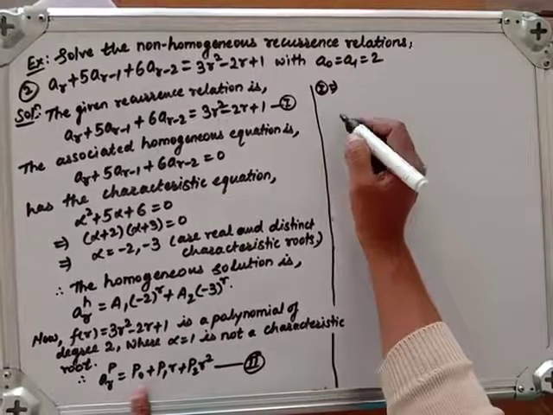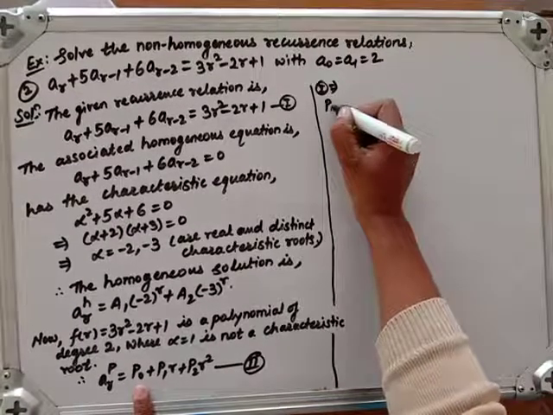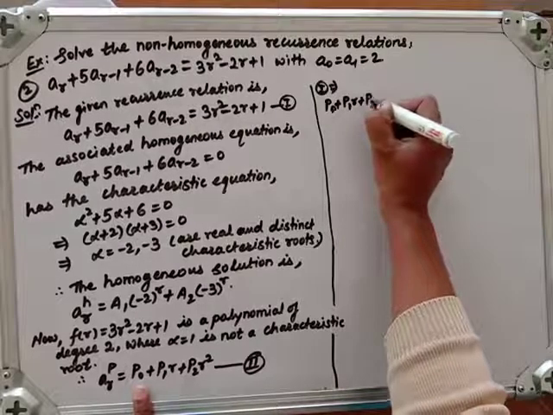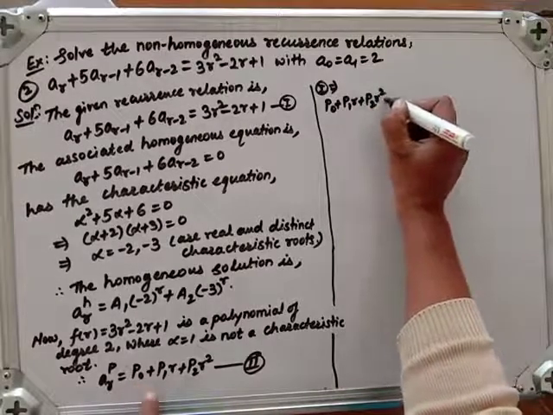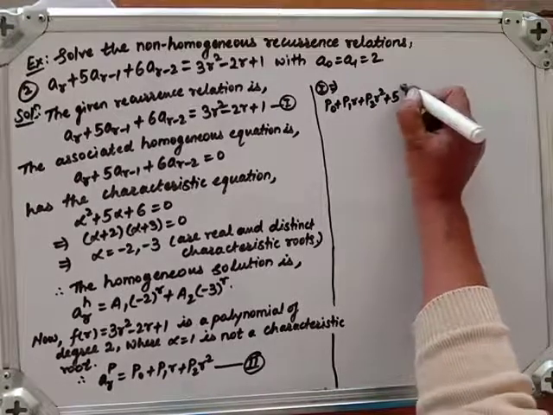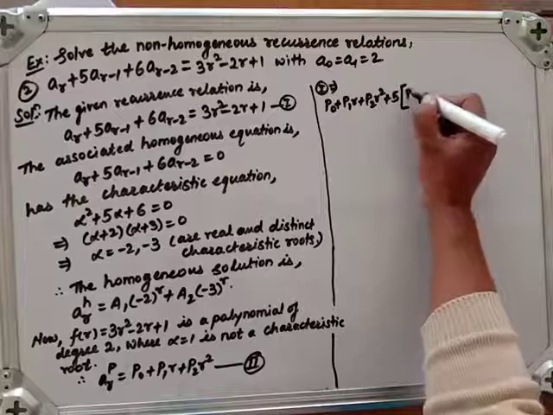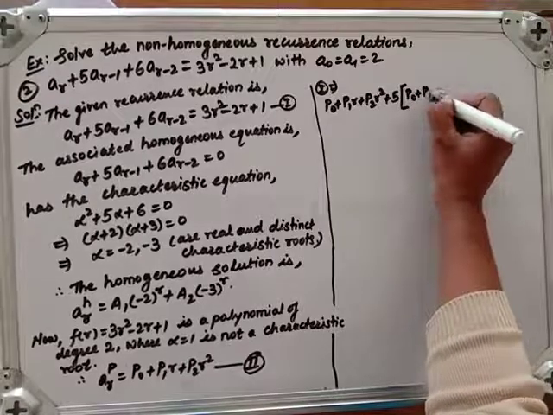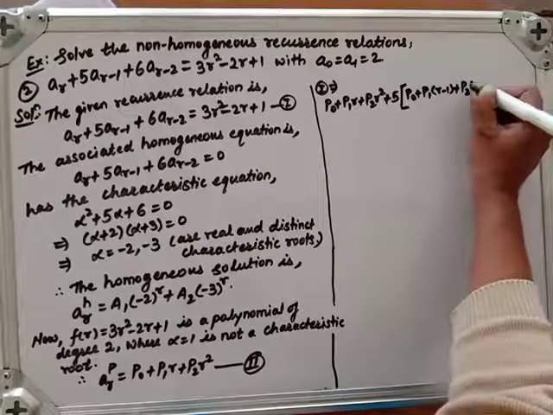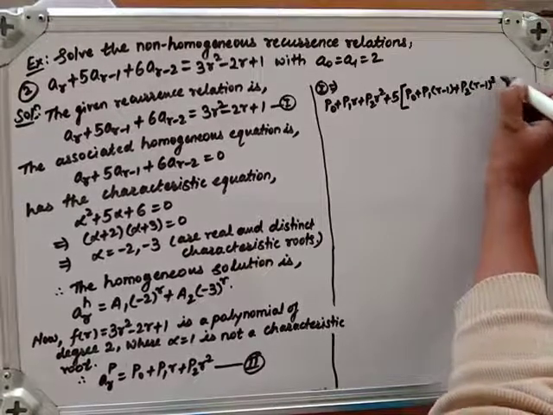Fine. So this 1 implies P0 plus P1R plus P2R square plus 5 times P0 plus P1 into R minus 1 plus P2 into R minus 1 square.